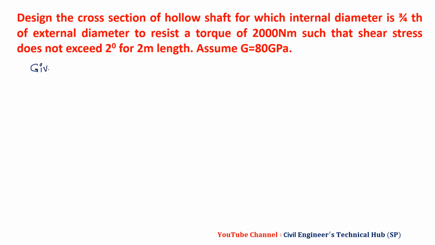So we will go first with given data. So we have given small d equal to 3 by 4 of capital D, means 0.75 of capital D. Then we have given torque 2000 Newton meter.